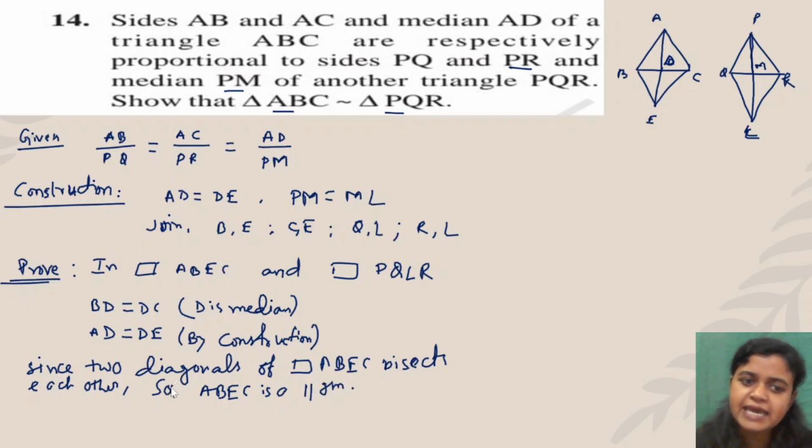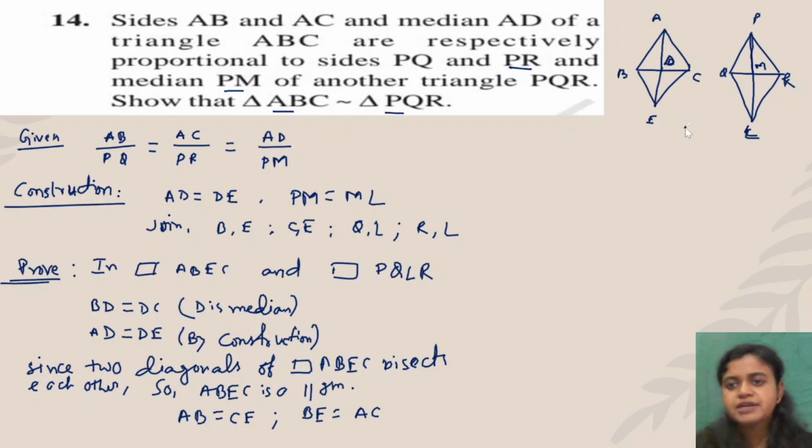Since ABEC is a parallelogram, the opposite sides are equal. So we can write AB equals CE, and BE equals AC.